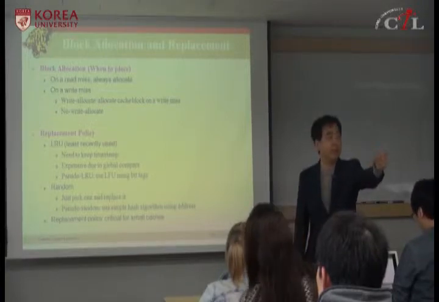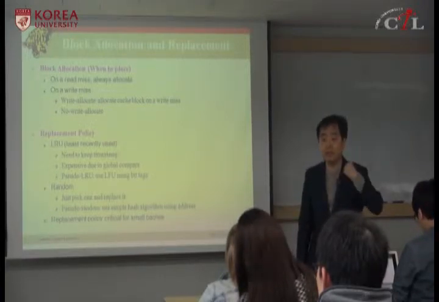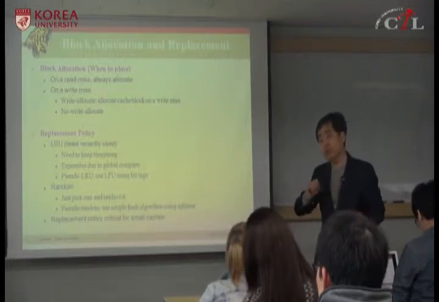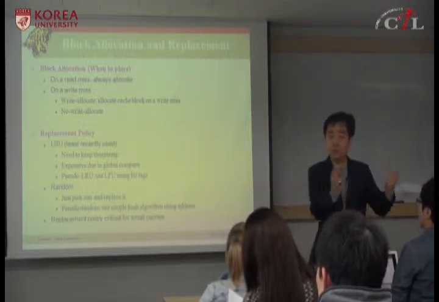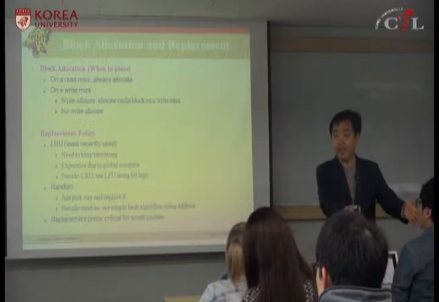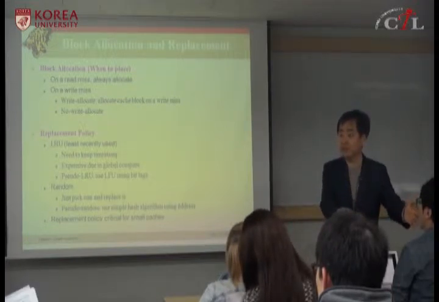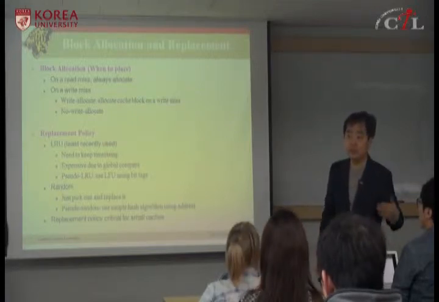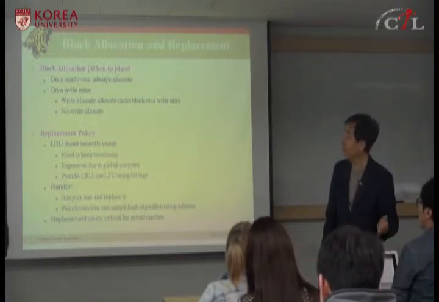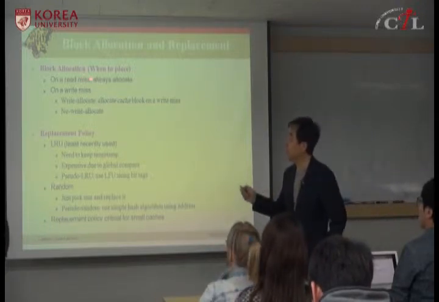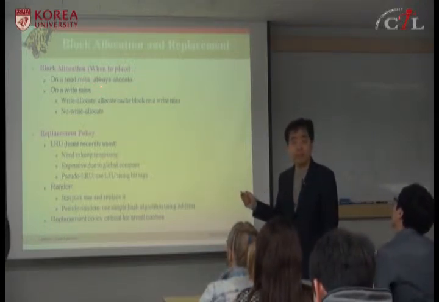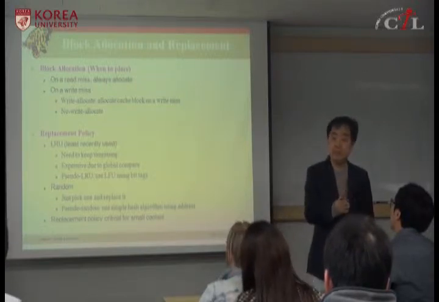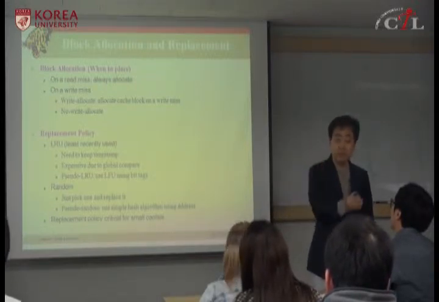From the memory, you fetch a memory block, but instead of just extracting the instruction and using it, you store it into the cache. Next time, if you use the same instruction or data, you can reuse it. So on a read miss, you always allocate, which means you bring the block and store it into the cache.